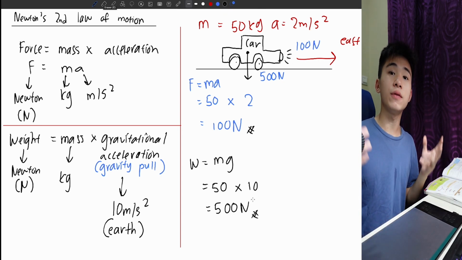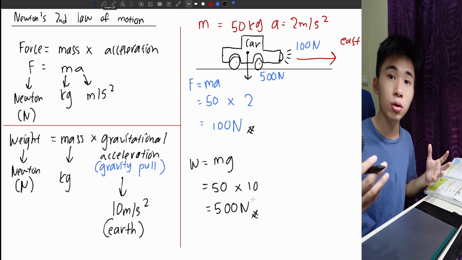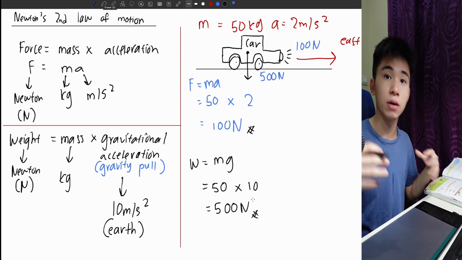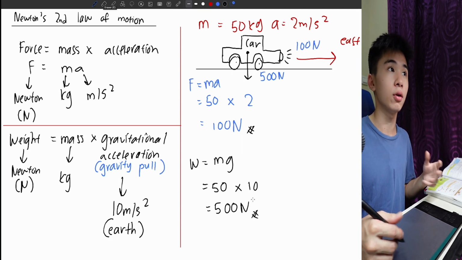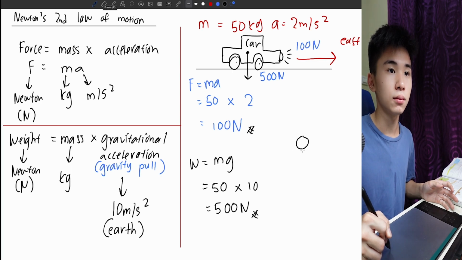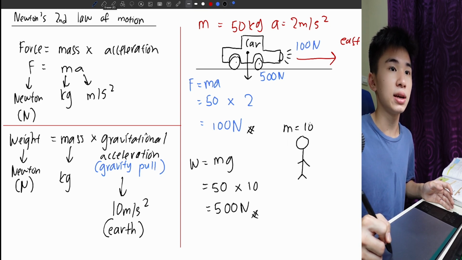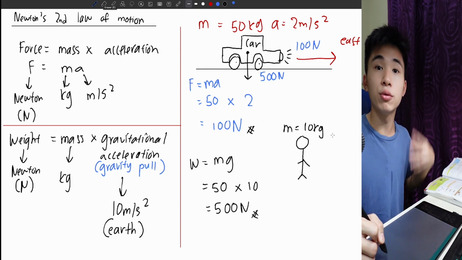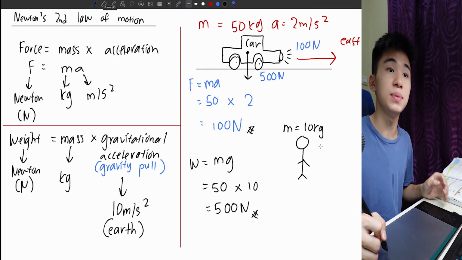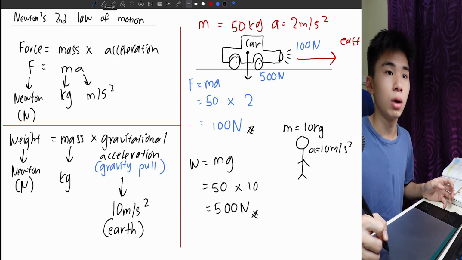Right now, if you are watching this video and you are sitting on your chair or standing on the floor, you are basically exerting a force on your chair or your floor. Let's say this is a human, and the mass of this human is 10 kg, and our gravitational acceleration is 10 m/s², which is our a or our g.